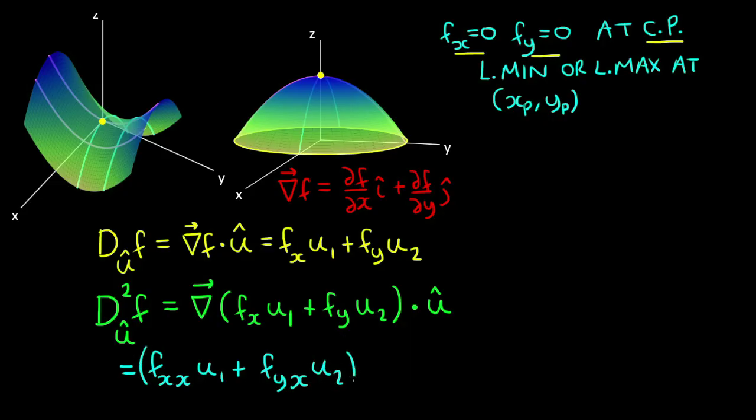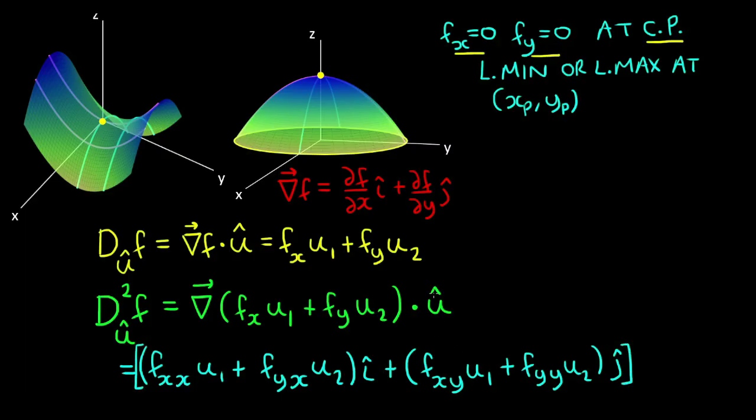So that's the component in the x direction plus the component in the y direction, which is a partial of f with respect to y. So we get the second partial derivative with respect to x and y by u1 plus the second partial derivative of f with respect to y by u2 in the j direction. And we take the dot product with the direction vector u, so that was u1 in the x direction plus u2 in the y direction.